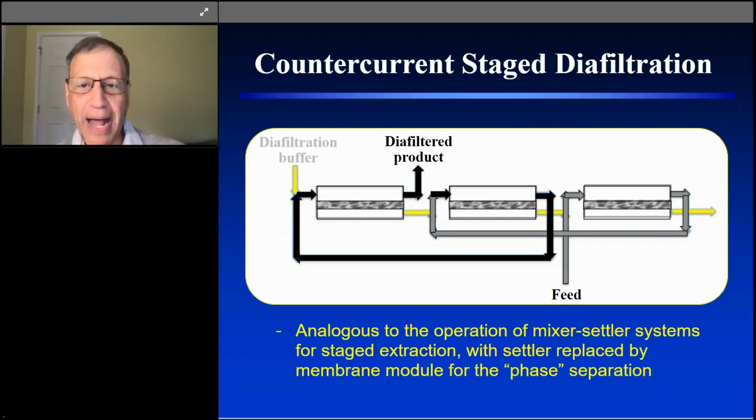Thus, the antibody is moving from right to left, countercurrent to the direction of the diafiltration buffer. This allows us to collect the purified or diafiltered antibody product out of the very first module, right where it is contacted with the diafiltration buffer.